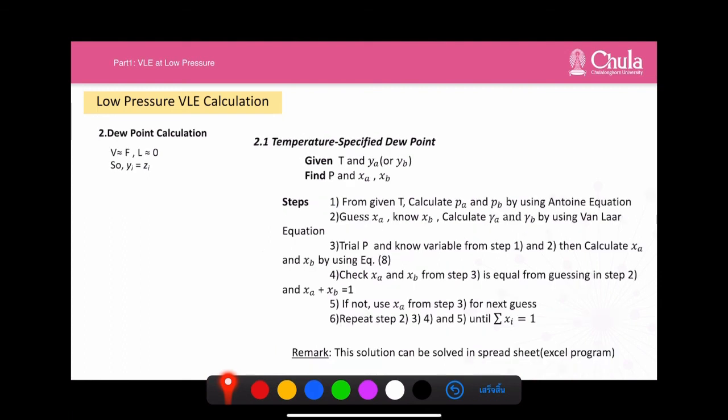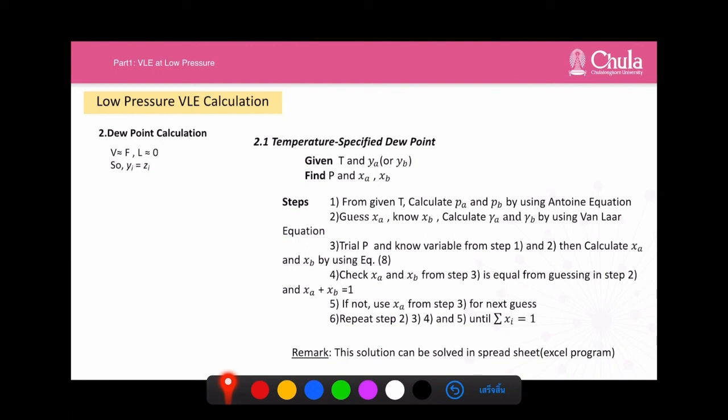The next type of calculation we call dew point calculation. For dew point calculation, we start from vapor. We have a mixture in the vapor phase, and we know the mole fractions of component 1 and component 2 in the vapor phase, y1 and y2 already.